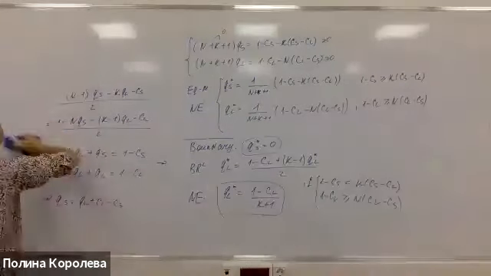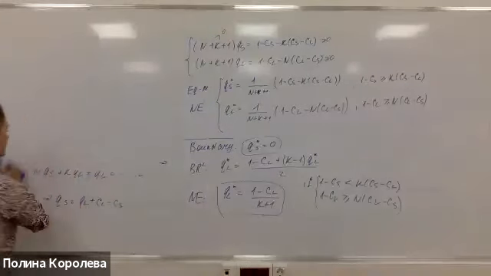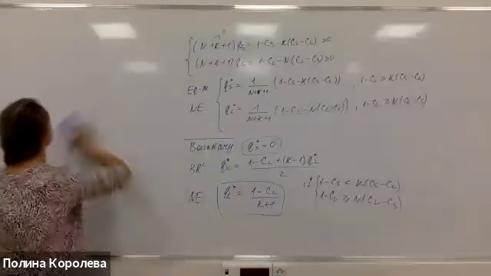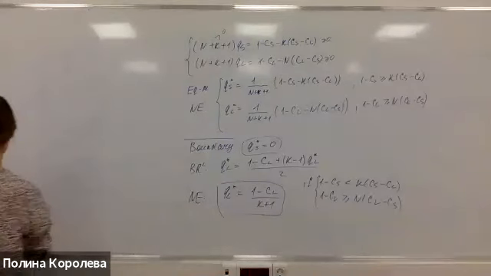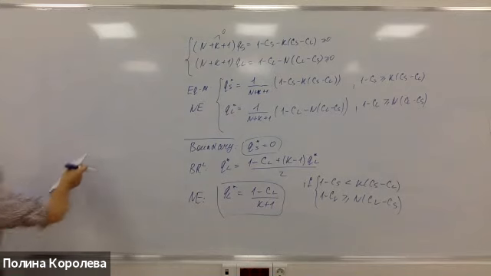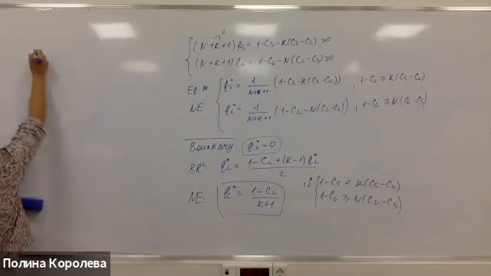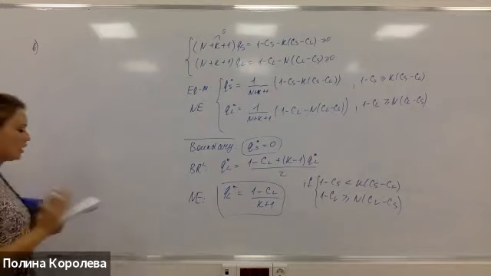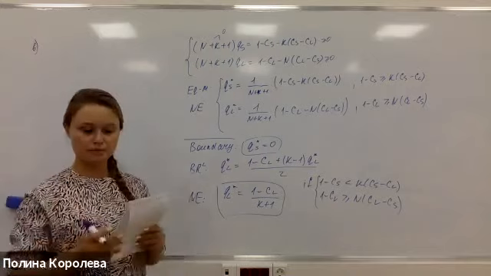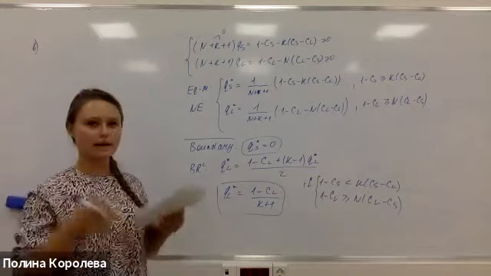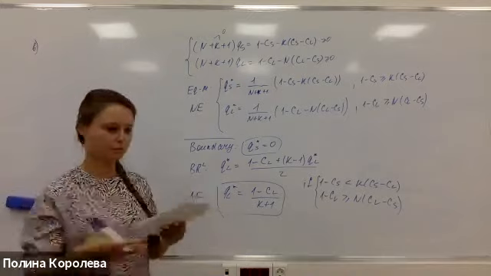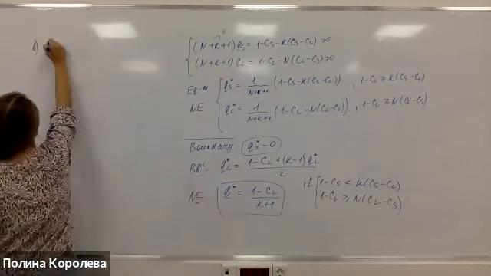Let's move on. In the next part, in B, we have such a situation: all our large firms collude. So they now act as one big firm.